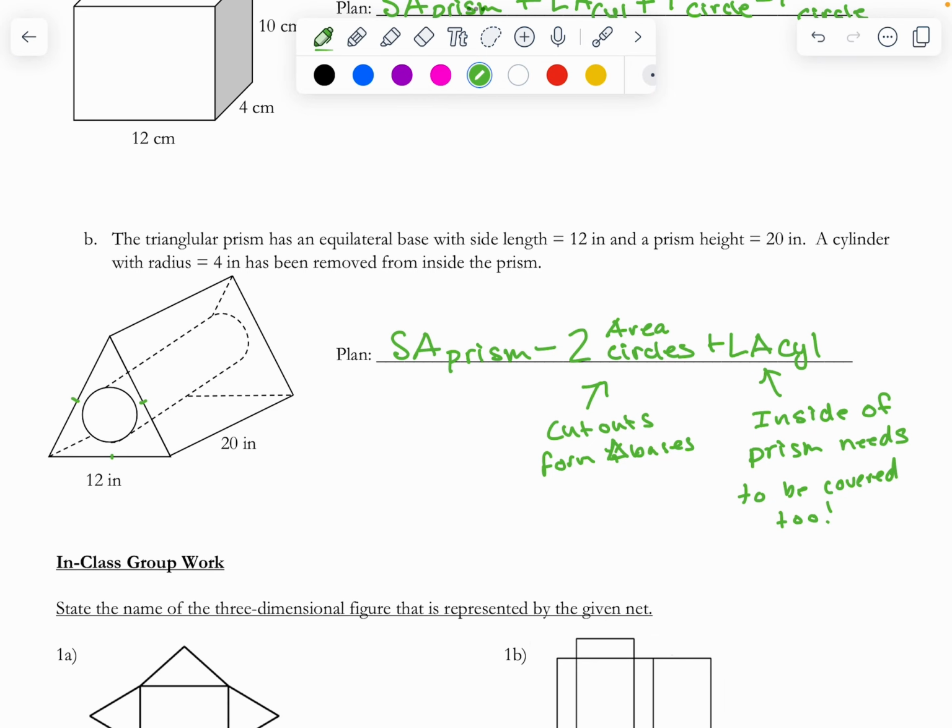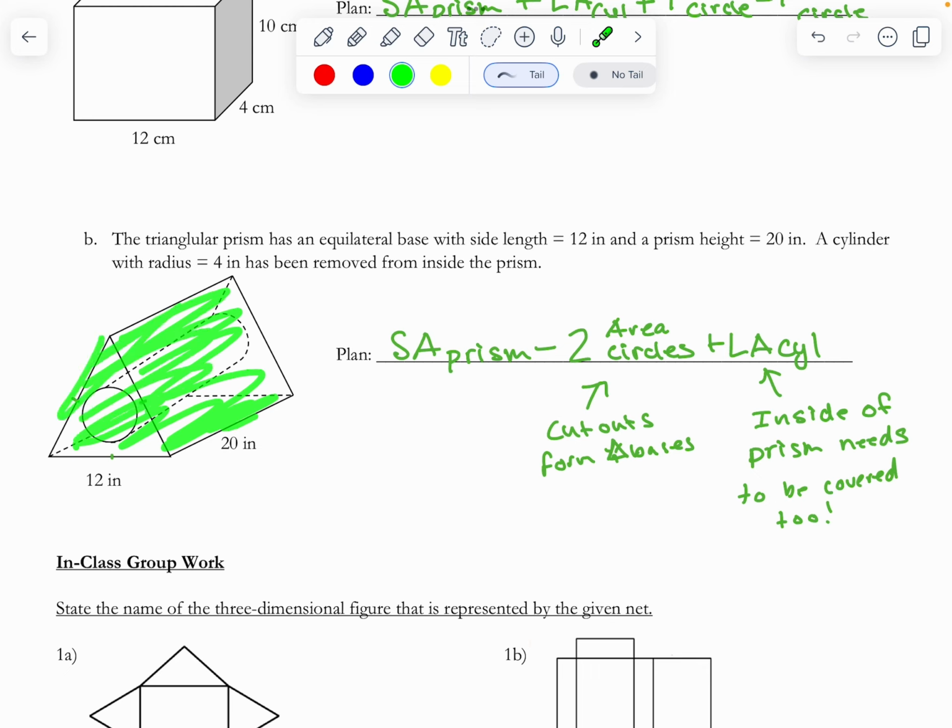Okay. So again, we have to find all of this, all of this, all of the other side. This and this base, but we have to take away the cutouts, two circles. But now we have a surface area on the inside that we have to paint. And that's not surface area, it's lateral area. And that's how we would do it.